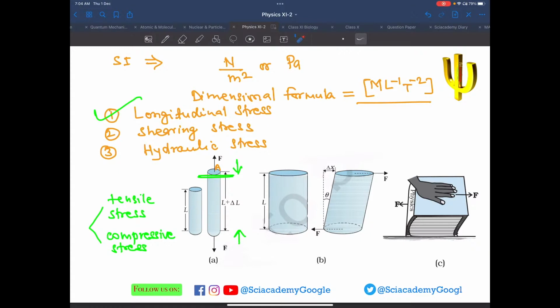So suppose the length of this cylinder initially was L, and after applying the external force outward to this cylinder perpendicular to the area of cross section, there is the extension delta L. That means there is an increase in the length of the cylinder, delta L. Then the ratio of delta L to the initial length of the cylinder is known as the longitudinal strain.